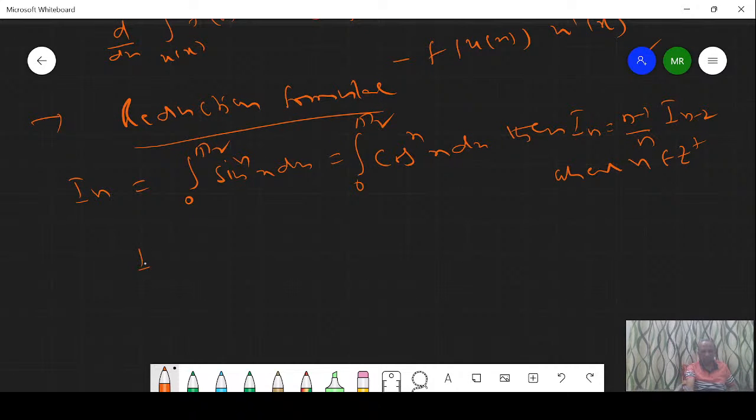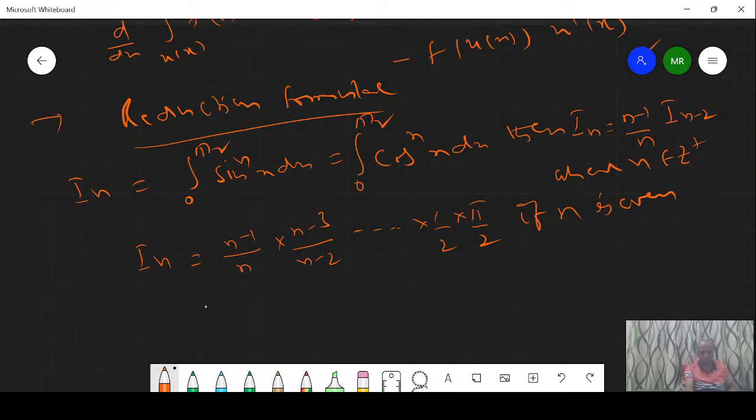I n is equal to n minus 1 by n, n minus 3 by n minus 2, and so on, until it comes to 1 by 2, ending with pi by 2 if n is even.